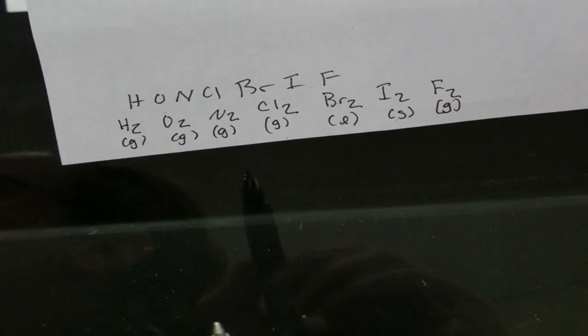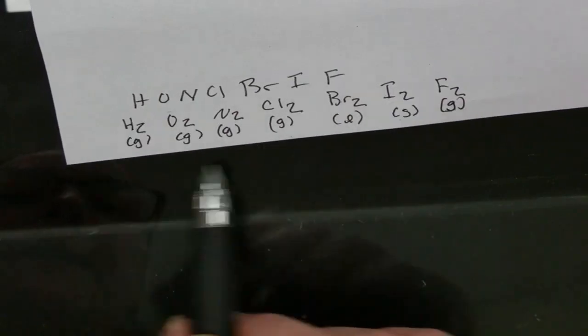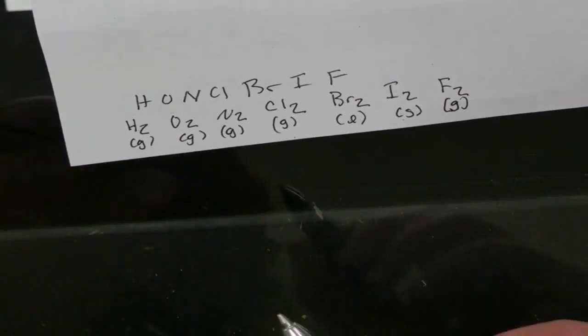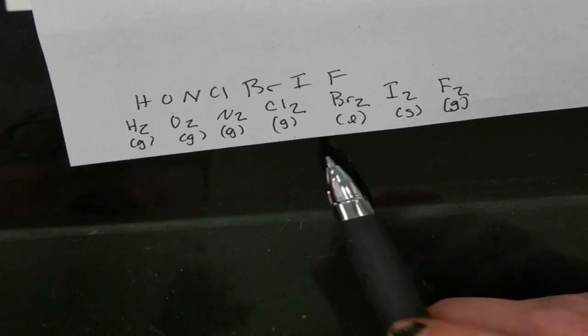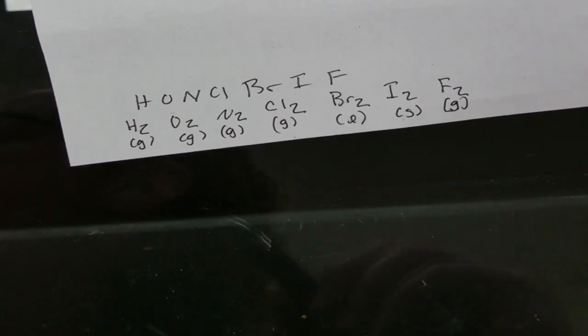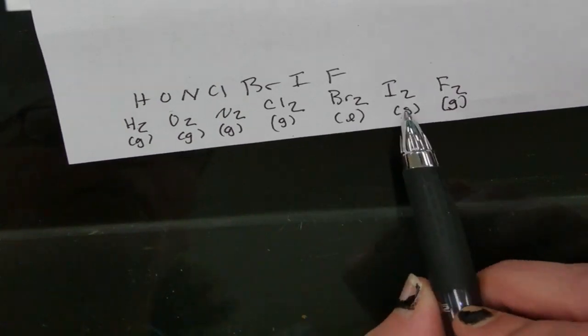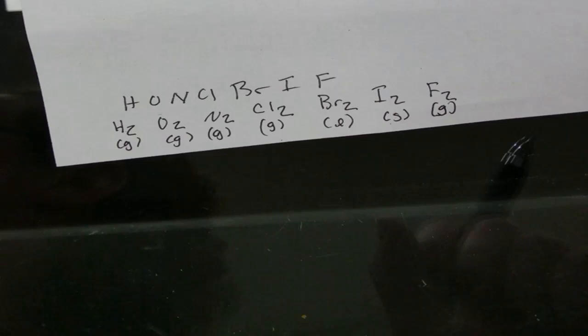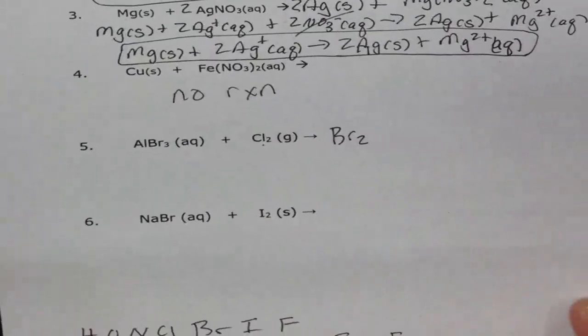The remaining are all gases. And now this is a concept that we're going to explore in AP Chemistry and Honors Chemistry too, if you choose to take that next year. We'll go into a little bit more about trying to figure out why some of these states of matter are different. Why is iodine a solid and bromine is a liquid? For the purposes of our class, just knowing that is appropriate.